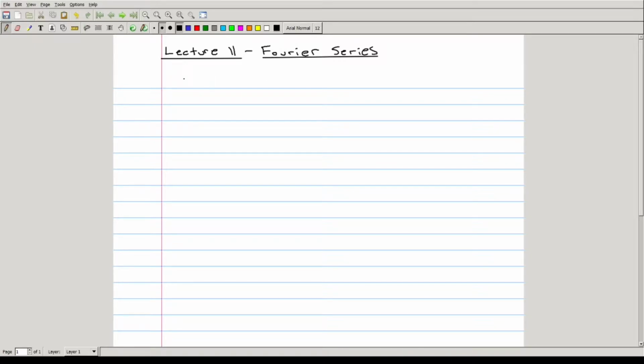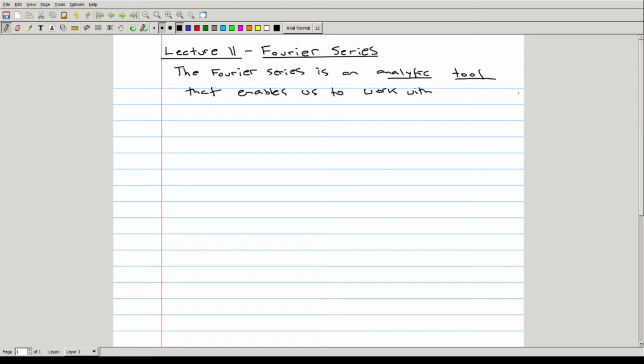So I'll write this down. And this is an extremely important tool when it comes to signals processing and signals analysis.